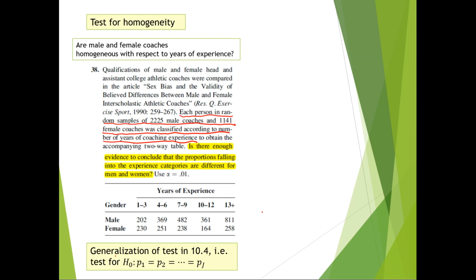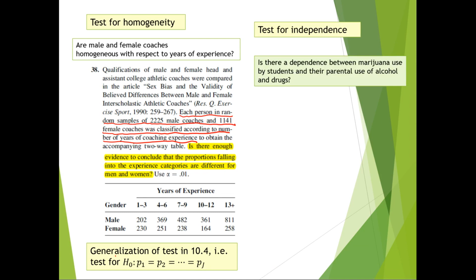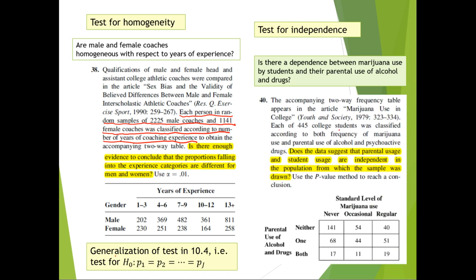While on the other hand, for a test of independence, we will ask a question like the following. Is there a dependence between marijuana use by students and their parents' use of alcohol and drugs? So what we have here is a total of 445 college students who were classified according to both frequency of their own marijuana use and their parental use of alcohol and psychoactive drugs.